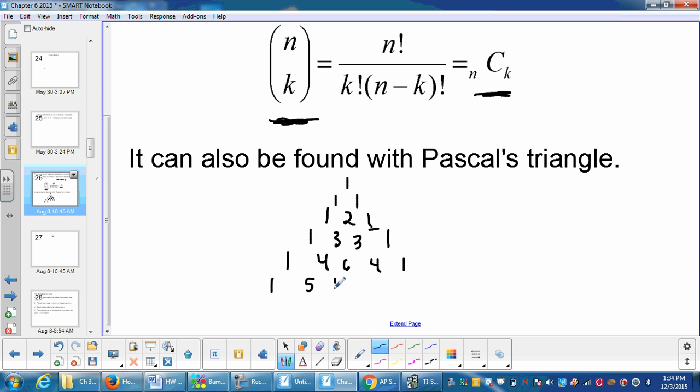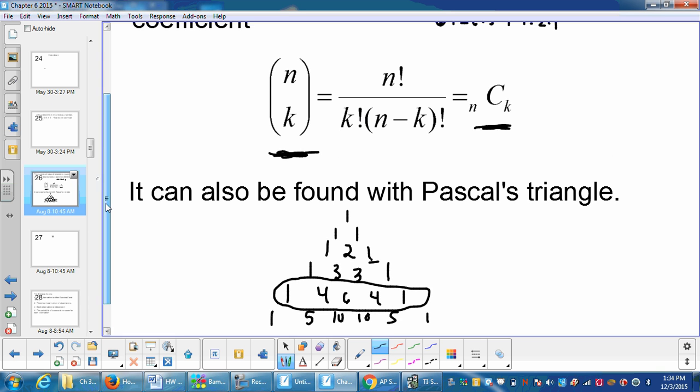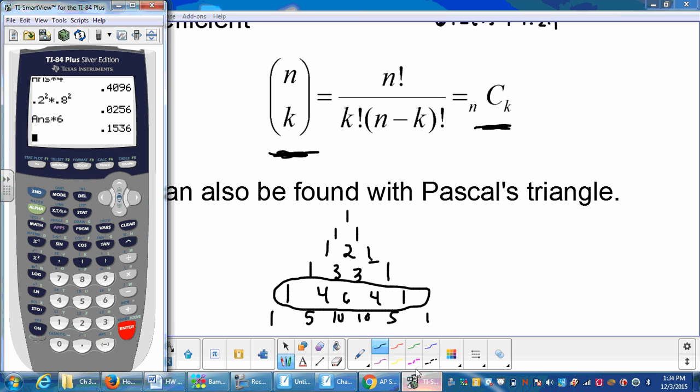And these are the numbers that are the coefficients. So our last one, since we were doing 4 different problems, this is the row with the 4 in it, so it's 1, 4, 6, 4, 1.